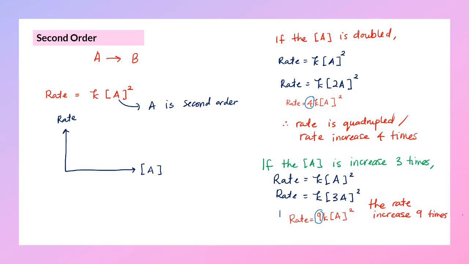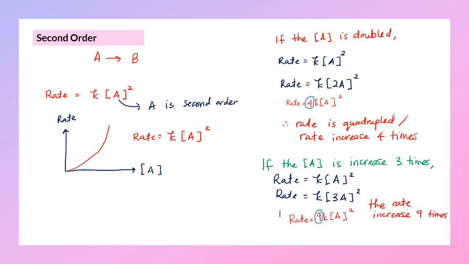Okay, so how does the graph of rate against concentration of A look for second order? It is like this. This is for rate equals k times concentration of A power of 2. This is what we have discussed just now.